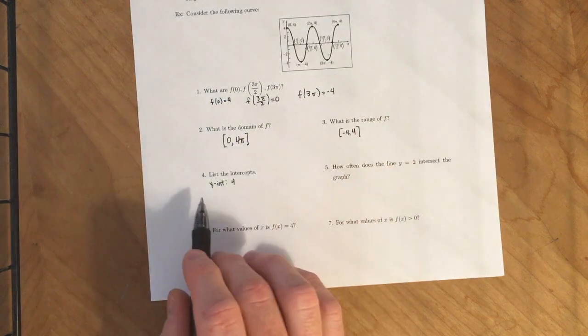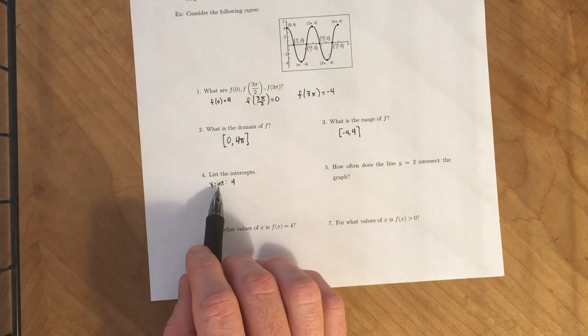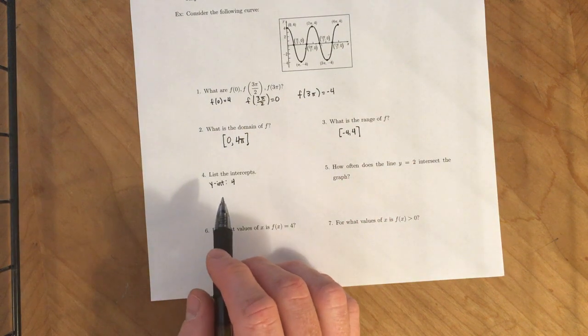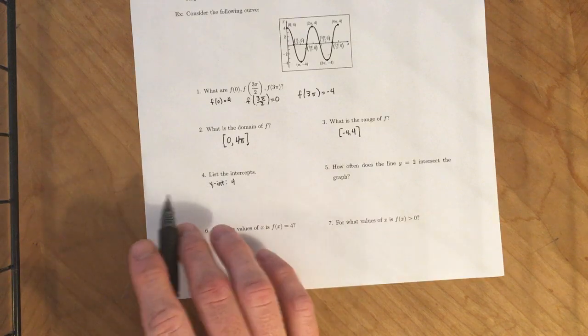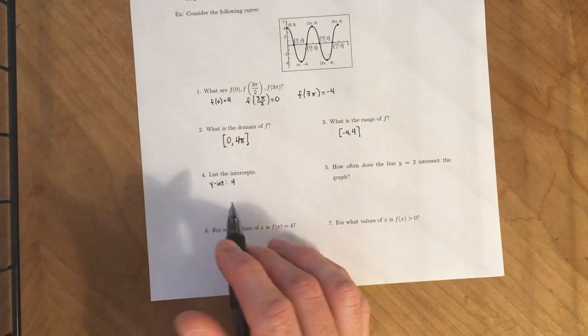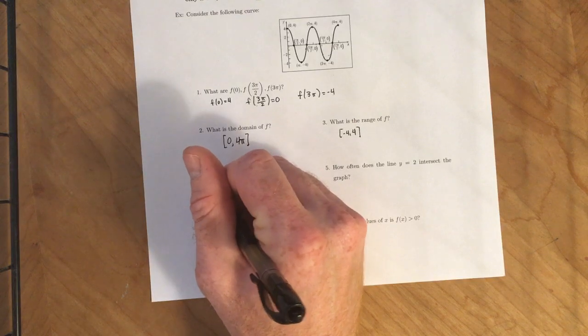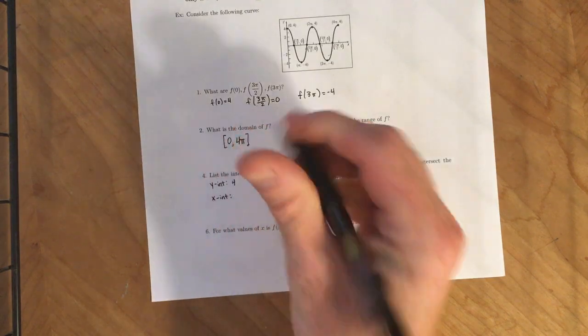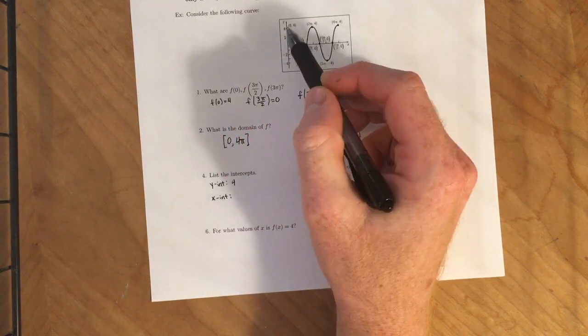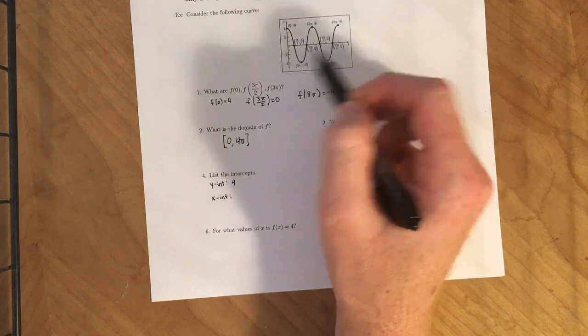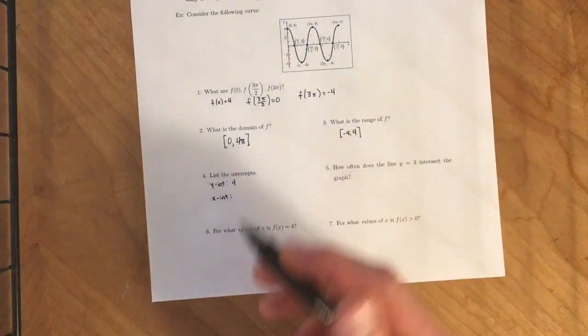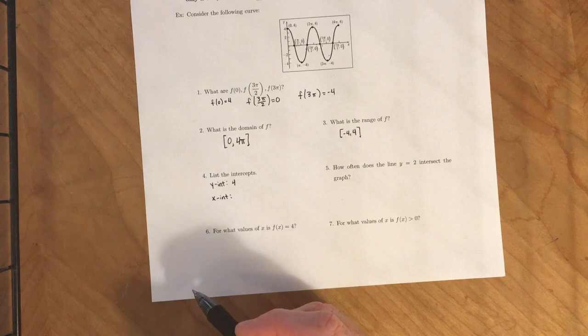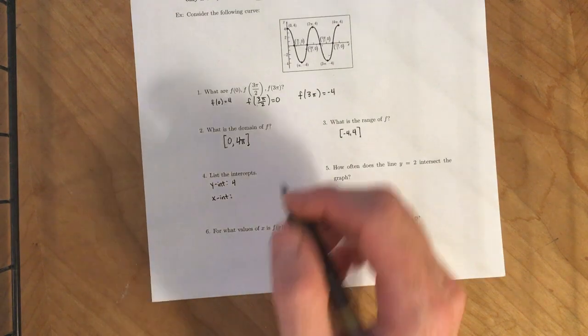When you talk about intercepts, by saying the y-intercept, we already know what the x-coordinate is for the y-intercept. It has to be 0. Likewise, for the x-intercept, we're just going to see where this curve hits the x-axis. And when you say the x-intercept, you already know that the y value has to be 0.